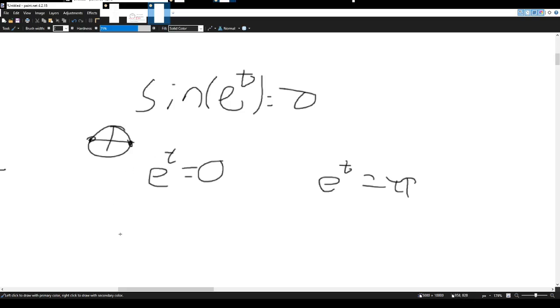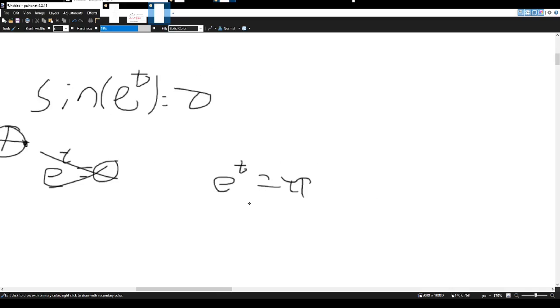You would take the natural log of both sides, and natural log 0 doesn't make sense. That makes sense because no matter what you put here, even a super negative number, it's just going to be 1 over some really big number, and it's never going to equal 0. So this one makes no sense.